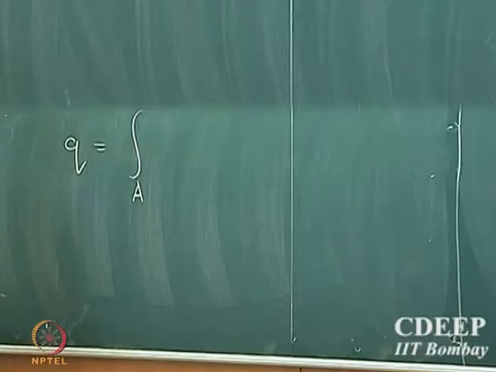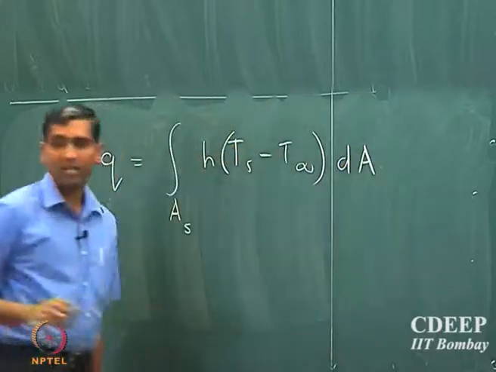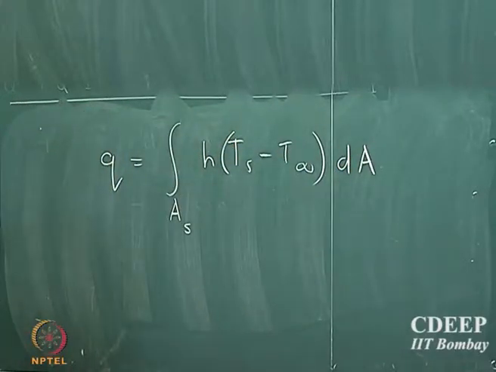What will be the total rate of heat transport from the solid to the fluid? We have to integrate this expression over the surface area of that solid, right. So that will be the integral of h into Ts minus T infinity into dA. That is the total rate at which heat is being transported from the solid to the fluid. Okay.